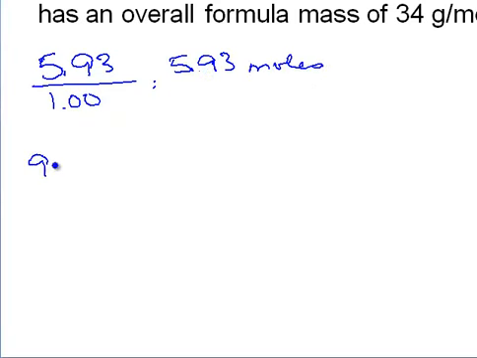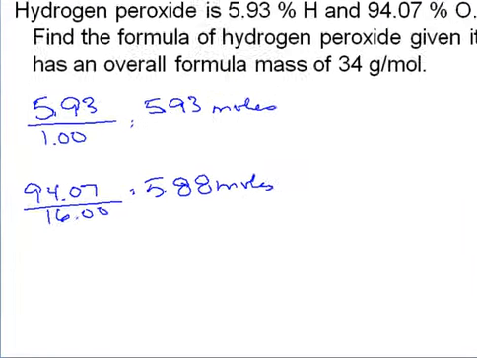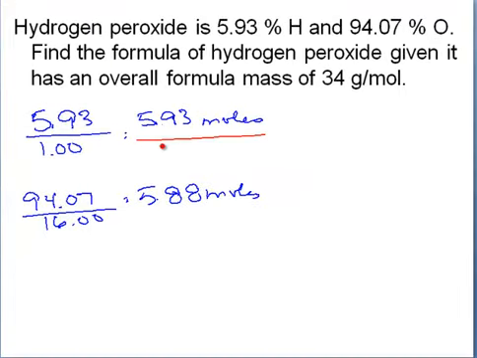Then I take 94.07 divided by 16.00. So 94.07 divided by 16 gives me 5.88 moles. Then I have to divide by the lowest number, which is 5.88.